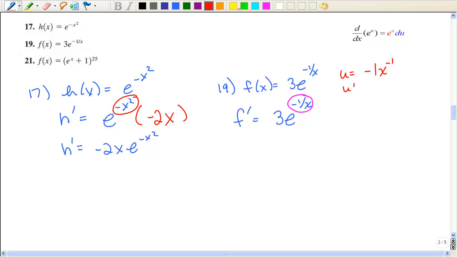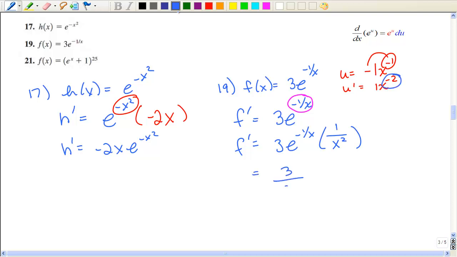The derivative of that would be positive 1 over x squared, because I bring that down in front and subtract 1 from the exponent. So my derivative is 3e to the negative 1 over x times 1 over x squared, bringing that to the denominator. Just rewriting that a little prettier.